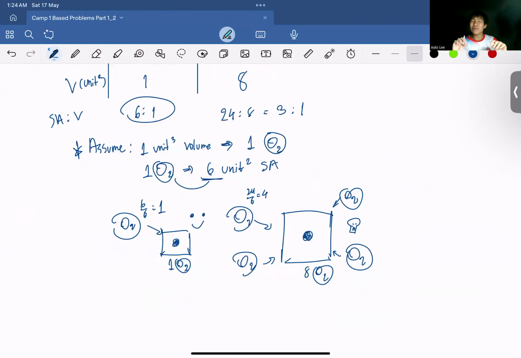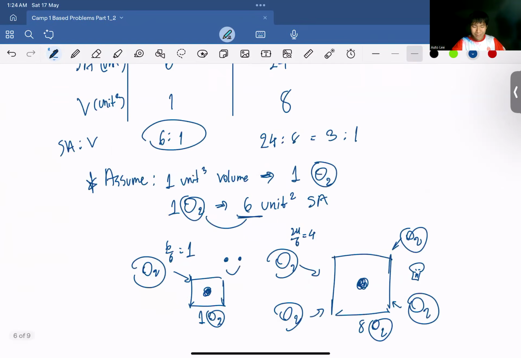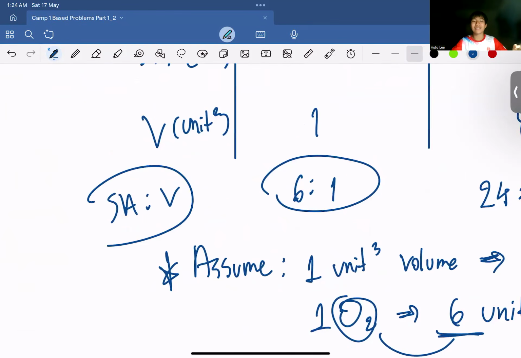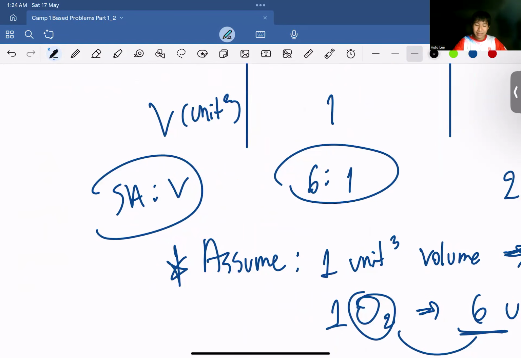What I'm trying to convey to you guys here is, when the cell is too big, the amount of volume inside the cell is going to be too overwhelming. The reason for that is because remember our surface area to volume ratio here? We know that it's inversely proportional to radius, right?